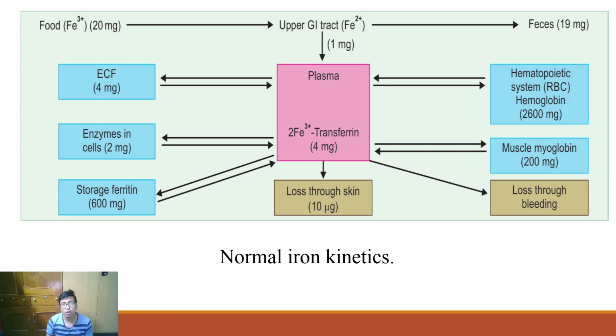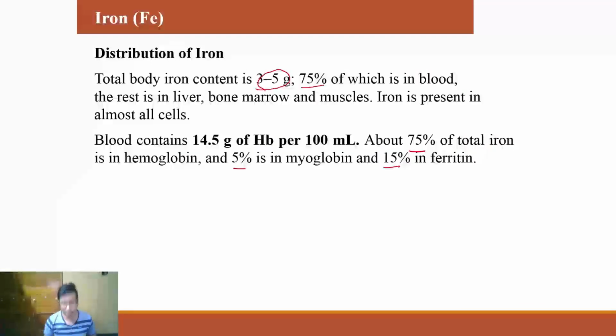So over here you can see, normally we eat from our balanced diet, we get 20 mg of iron. Remember one thing, I deliberately did not tell you in the previous slide, but I think I should tell you just at the beginning. Over here you can see 14.5 gram of hemoglobin.